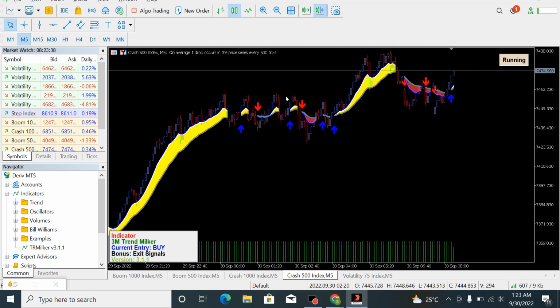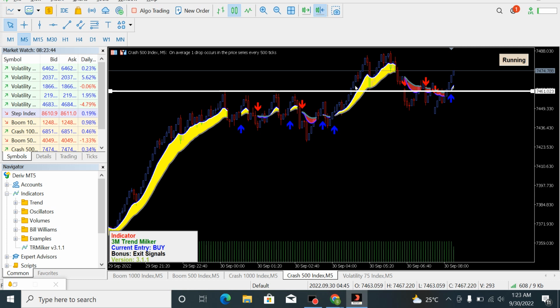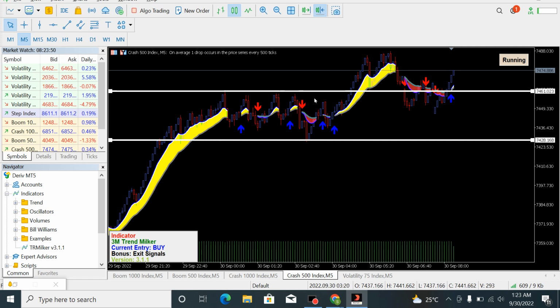Not even probably, here's a major resistance zone. So it tried it out several times, but finally broke out above it, because the support was also very strong. It was having a very strong support, so it was unable to break through below the support zone. So that is why I said you should stay away from the market at this point, because what if it breaks out below the support zone?